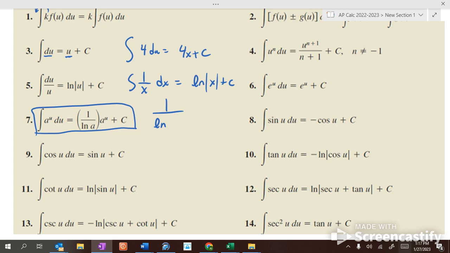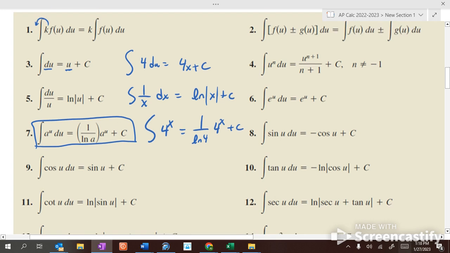So let's say we have the integral of 4 to the x. Then it's 1 over the natural log of 4 times 4 to the x plus c. I rarely see that. The rest of them we see most often.